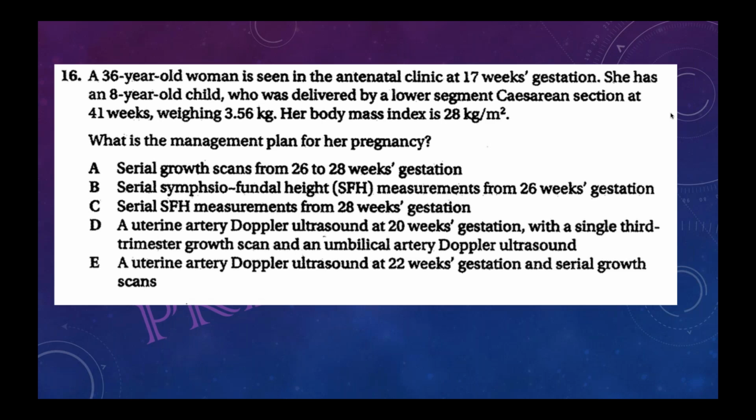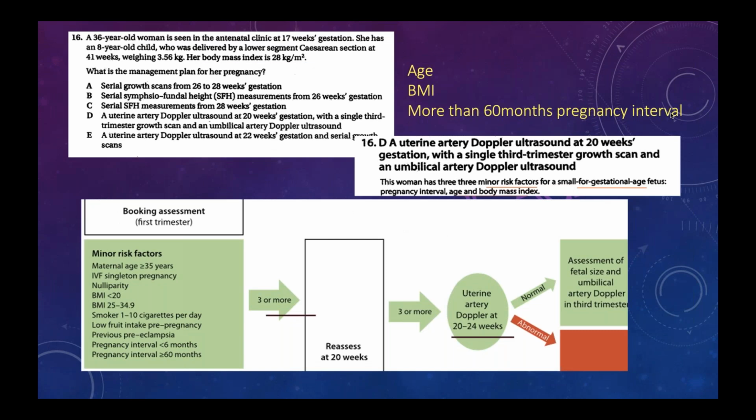She is 36 years old, one risk factor. Very good. Another is interpregnancy interval. Very good. Third is BMI, 28. BMI between 25 and 34.9 is a minor risk factor. When I was peer teaching, I told you people make mistakes here.